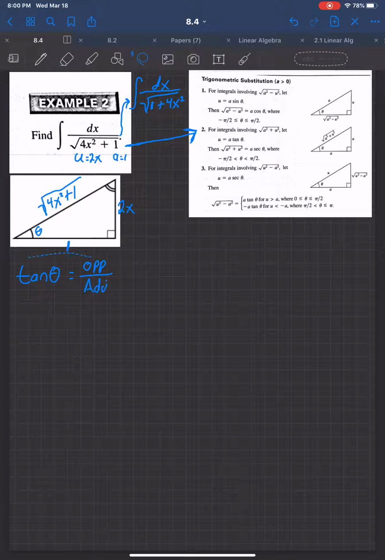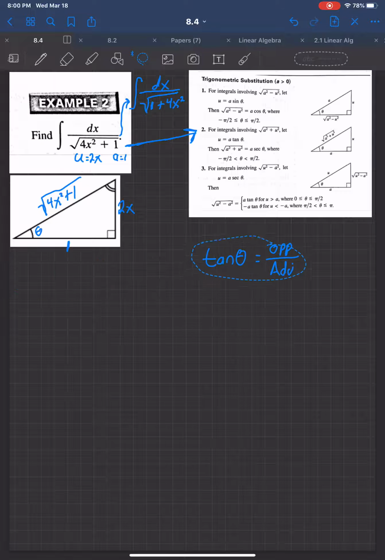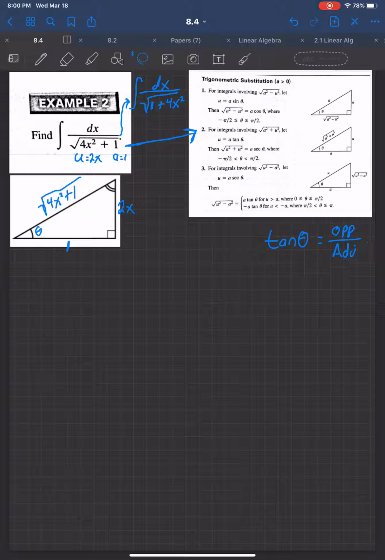Okay. So again, this is how I suggest you approach it. After you have your triangle, plug in for opposite, plug in for adjacent. So now we have tangent of theta is going to be equal to 2x over x. No, my apologies, 2x over 1.